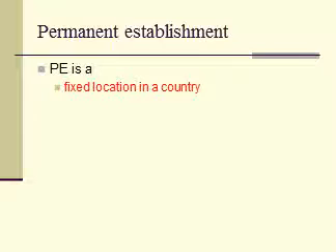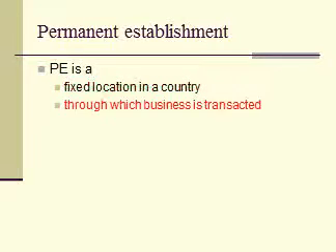As we will see, special rules exist to determine when a web server constitutes a permanent establishment. When we refer to business being transacted, we're referring to core business activities. Auxiliary and preparatory activities taking place in a location do not create a permanent establishment.